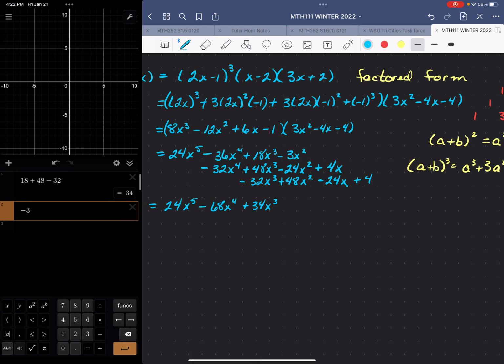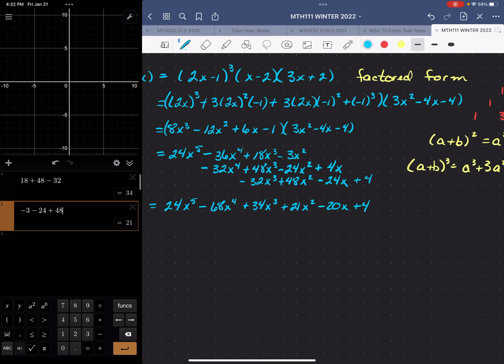Negative 3x squared minus 24x squared plus 48x squared is plus 21x squared, minus 20x plus 4.